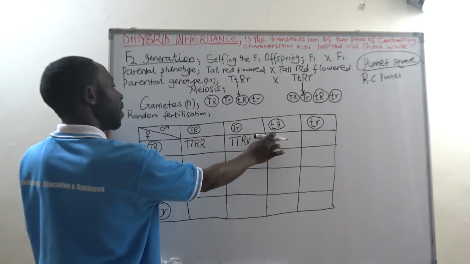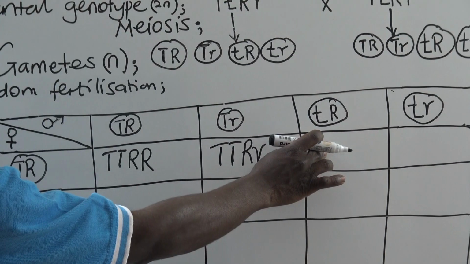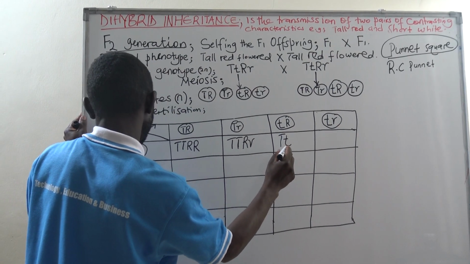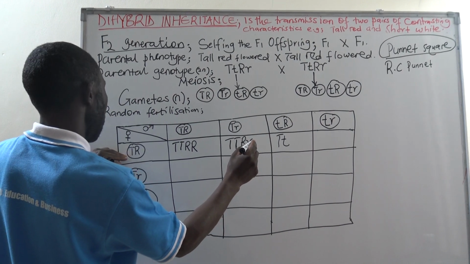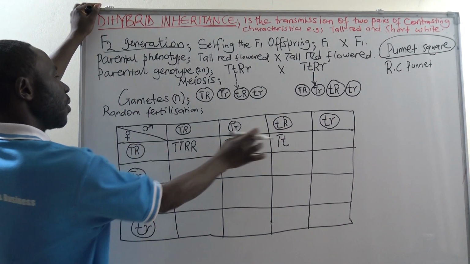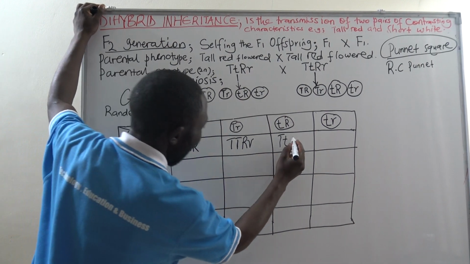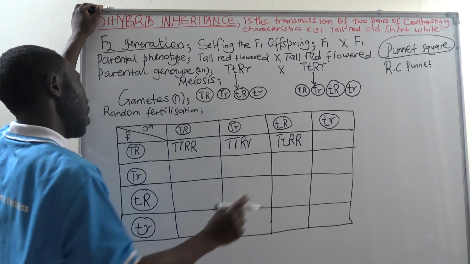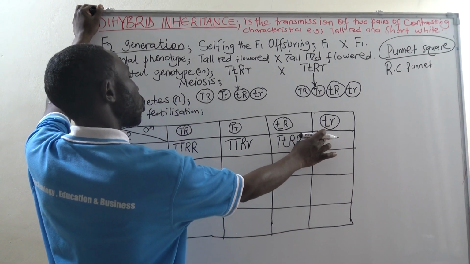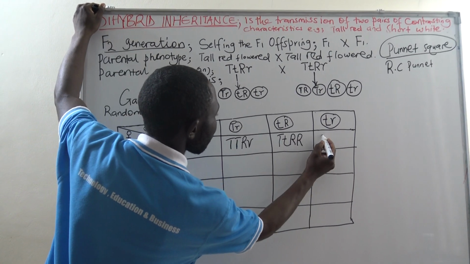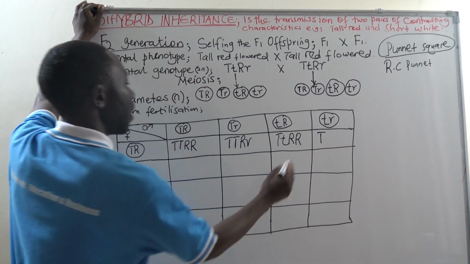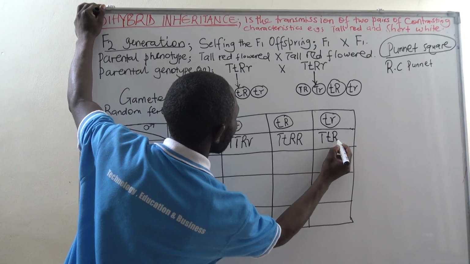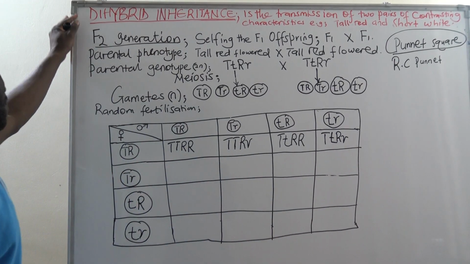This one will be capital T, small t, capital T, small t, and we shall have capital T, small t, capital R, capital R. This one will give us capital T, small t, and then capital R, small r, like that.